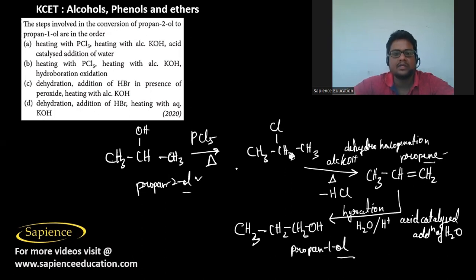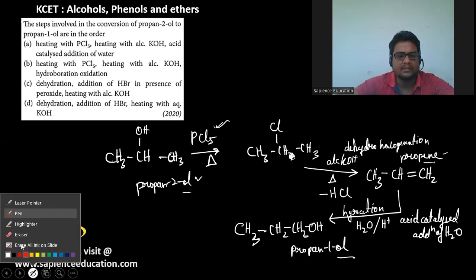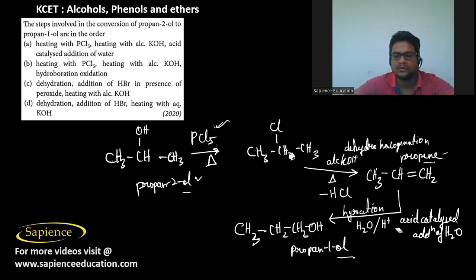So it means the steps involved are, first we should heat it with PCl5, and then we should heat it with alcoholic KOH. Then we should do acid catalyzed hydration of water. No, if we use that, then propan-2-ol only will be formed.